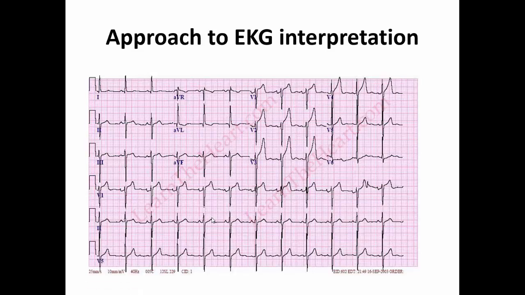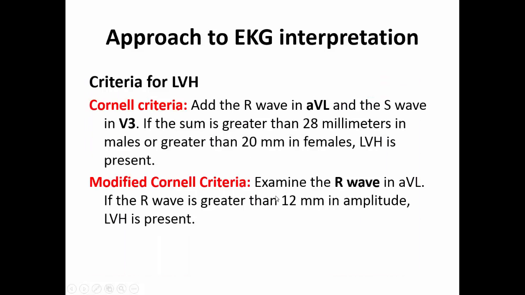So again, if we use the modified criteria here, you see that in AVL the R wave is, let's see, 5, 10, 13, probably 18 millimeters in AVL. Well, that's greater than 12, so they have LVH by modified.